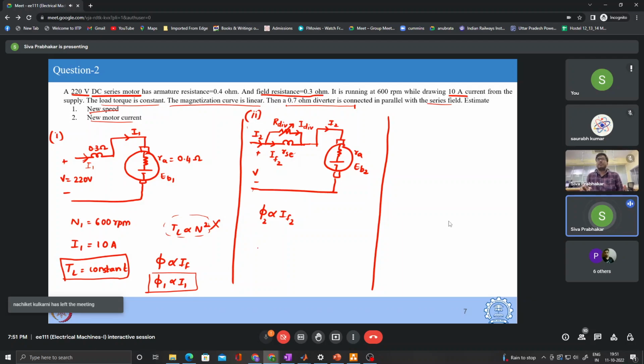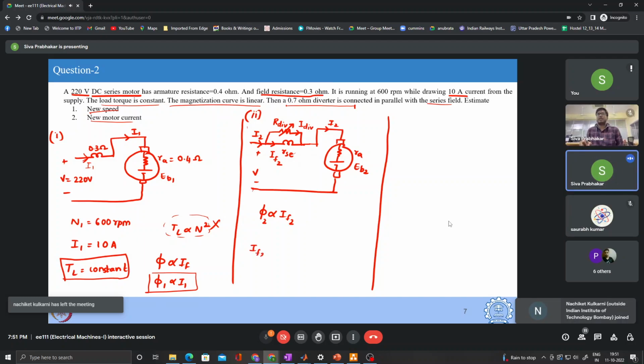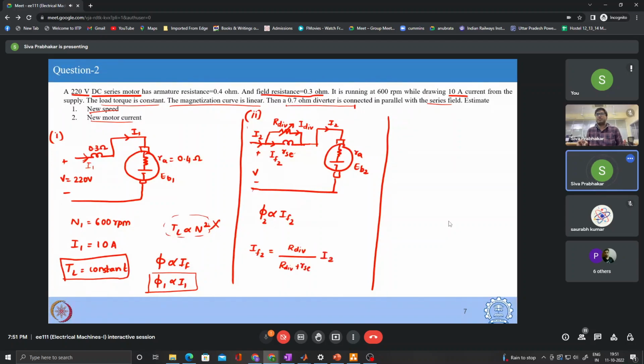Now you can simply apply the current division rule, that is, IF2 is nothing but R diverter divided by R diverter plus RSC, into I2. That is, the current through the field resistance will now be a fraction of the net current. So this is the catch, and this forms the main crux of the problem.